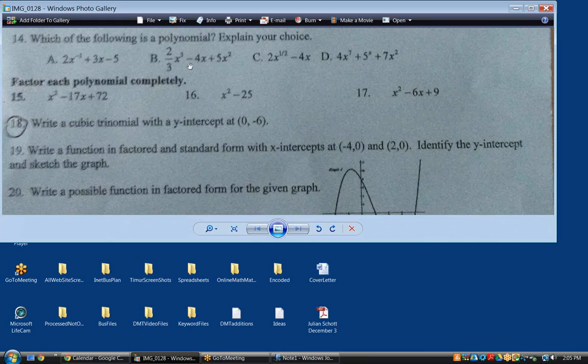How about B? No. No, B is, because it's got a 3 for this exponent, for this variable. It's got a 1 for that exponent, and it's got a 2 for this exponent. So it's not the coefficient that matters, it's the exponent on the x term.